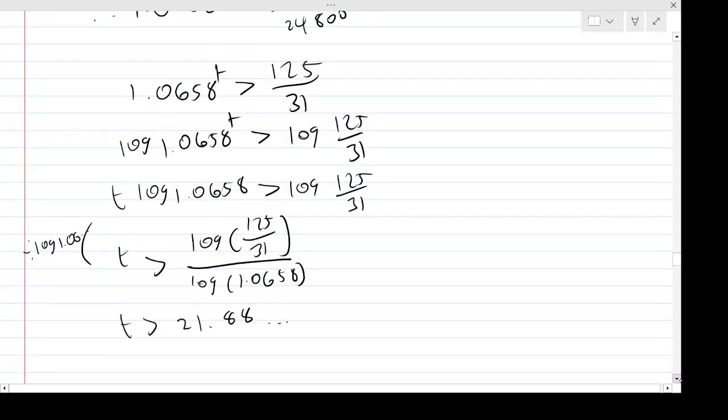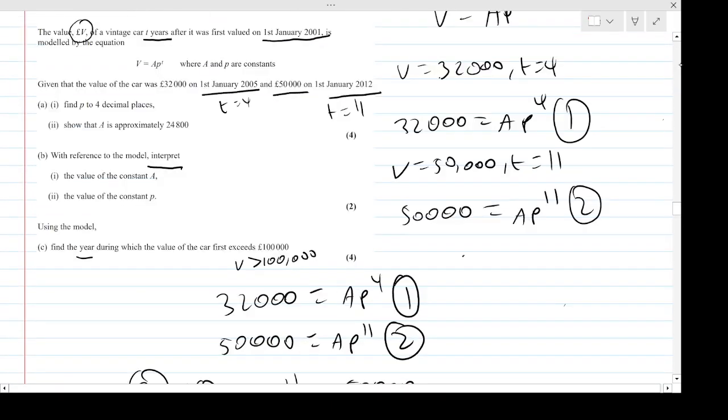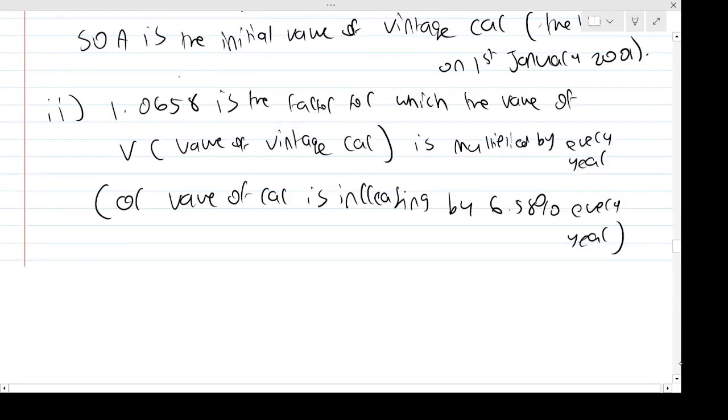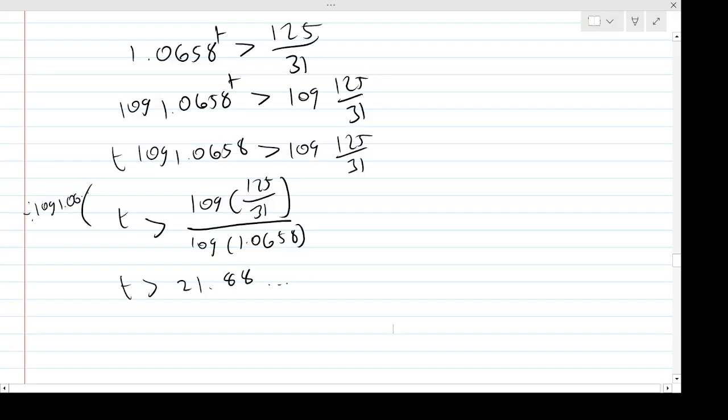That makes sense, because the question says to find the year when it first exceeds the value. So t, the years, has to be above this value. So that's my solution. The value of t we got is 21.88.